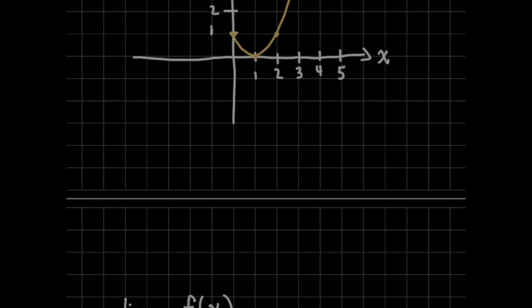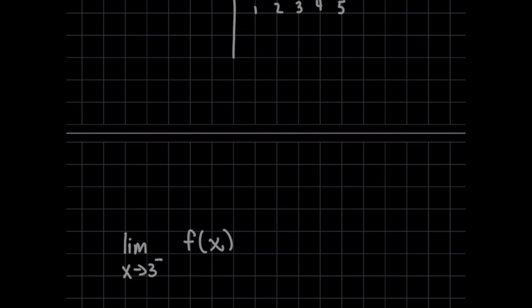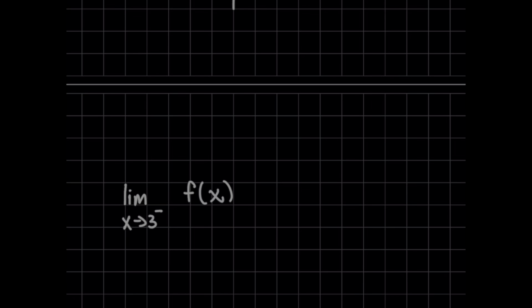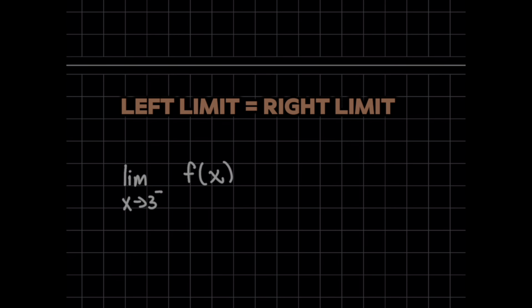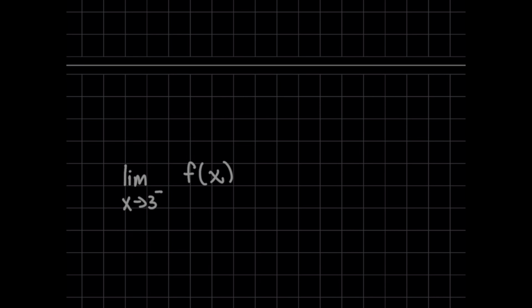Well, for a limit to exist, it would mean that for approaching 3, I would have to approach it from the left, like I'm showing here. It would have to give me a value, and then I would need to approach the function from the right. And if I get the exact same value for both, that's actually a number, then we know the limit exists and it actually is that number.